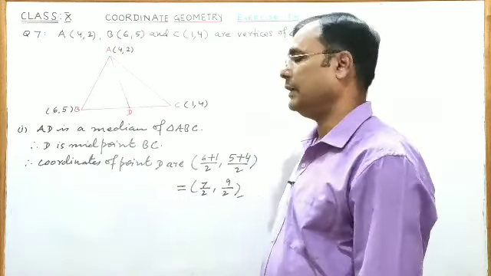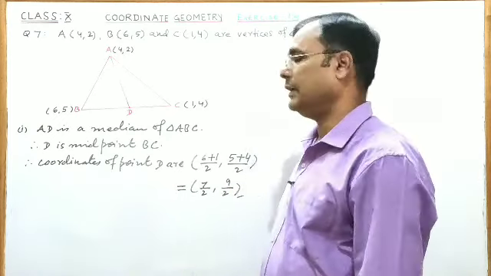Now second part, find the coordinates of point P which divides the median AD in the ratio of 2:1. That is, there is a point P on the median AD which divides AD such that AP is to PD is equal to 2:1.